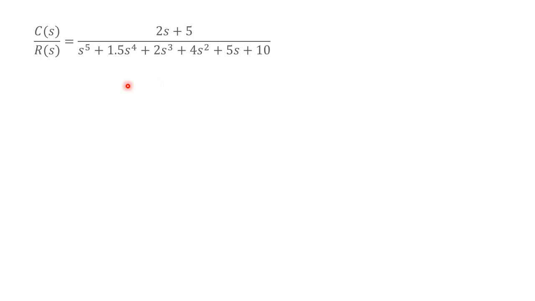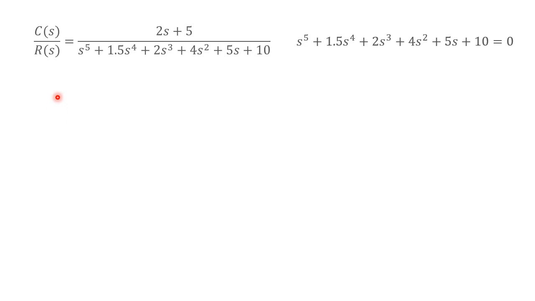From now we have a characteristic equation which is given as the denominator equal to 0. So the denominator is this. So we will make a characteristic equation. The whole denominator will equal 0. This is the characteristic equation. And now we are going to write it systematically in the Routh table. First, we have the highest order, s raised to the power 5.